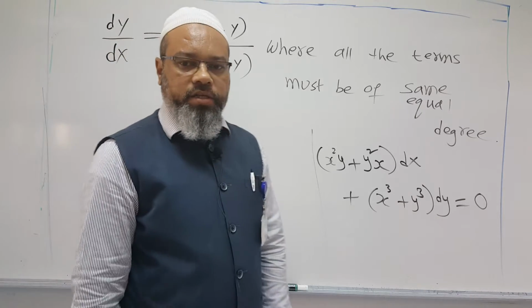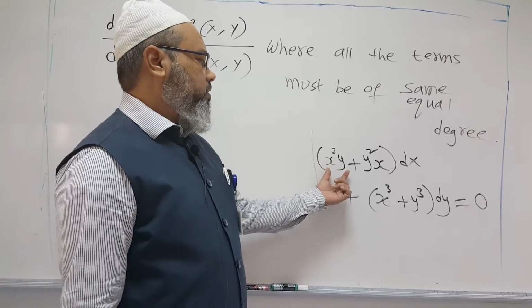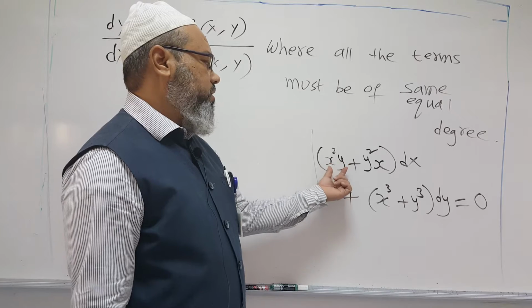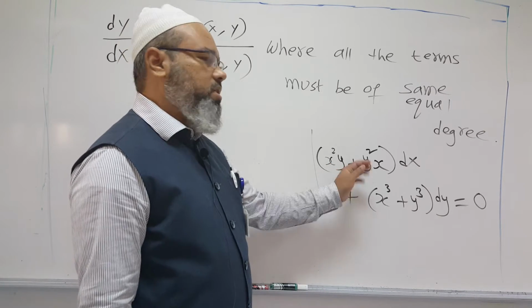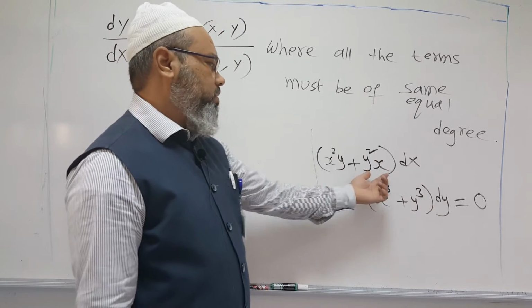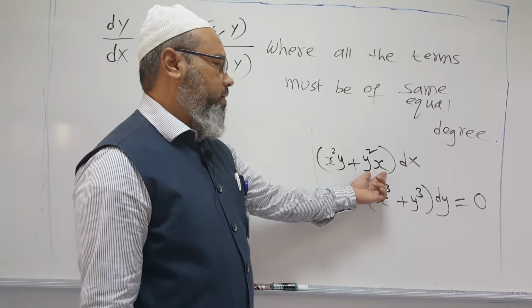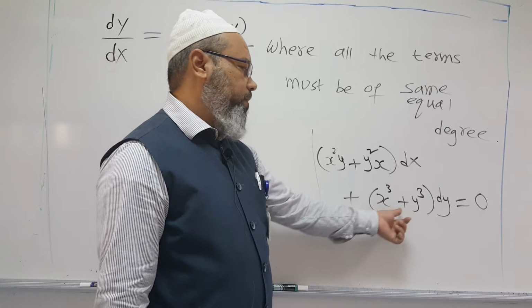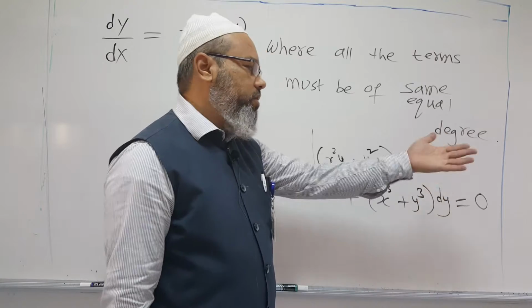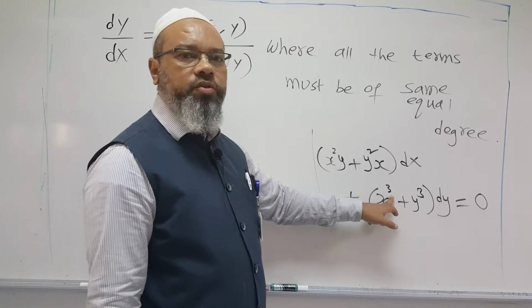Here, if you see the degrees of the terms, this is one term because it is multiplication, this is completely one term. Plus means another term. x cube is one term, plus means another term, y cube is another term. What is the degree of x cube? 3.